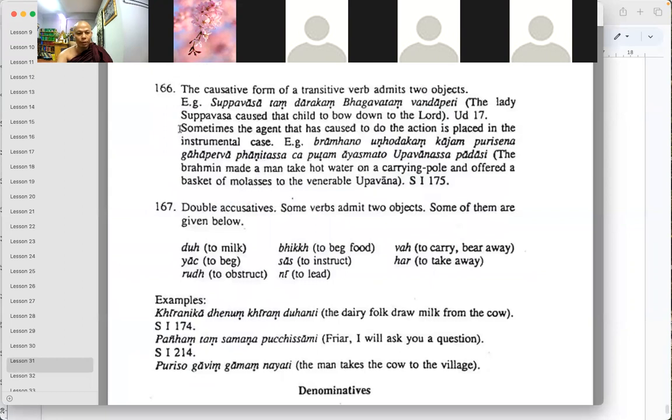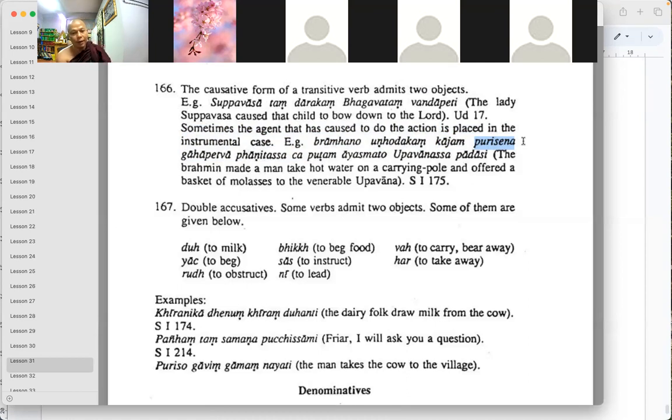So this information here, you see, sometimes the agent that has caused the action is placed in the instrumental case. Like in Brāhmaṇo odanaṃ gajaṃ purisena gaṇhāpetvā. Here purisena gāhāpetvā, actually purisaṃ gāhāpetvā. So phāṇitassa ca pūvaṃ āyasmato Upavāṇassa adāsi.